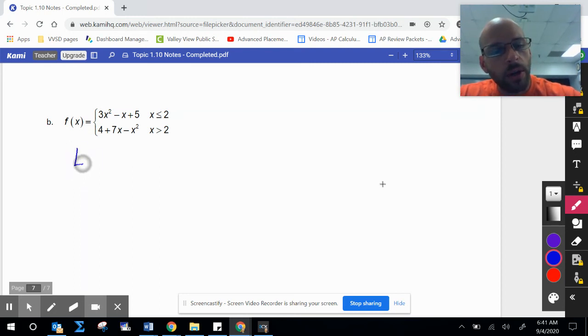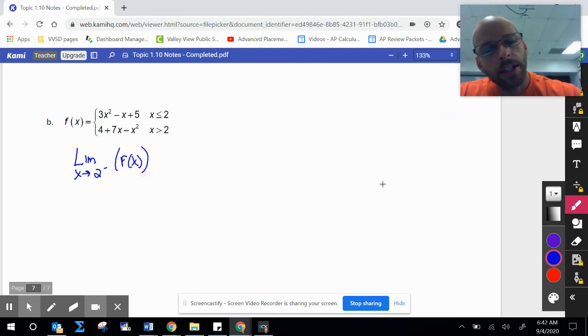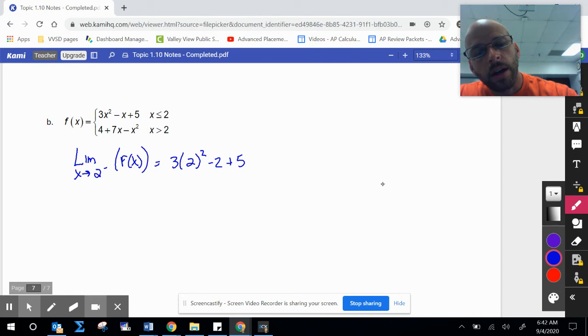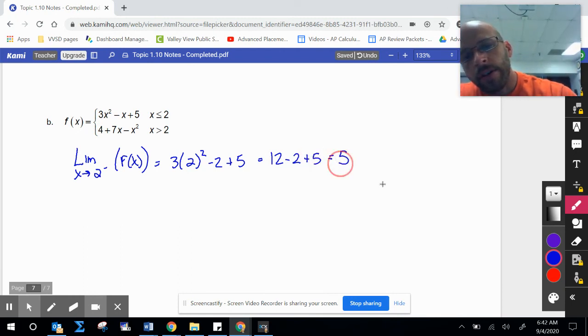So what I want to do is take the limit as x approaches 2 from the left of f of x, which is going to be 3 times 2 squared minus 2 plus 5. And if I do that, what do I get here? I get 12 minus 2 plus 5, and I get 5.